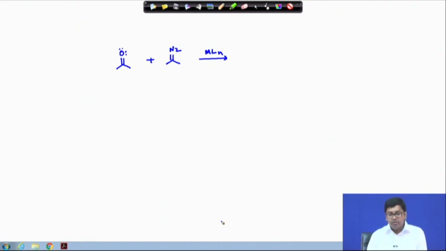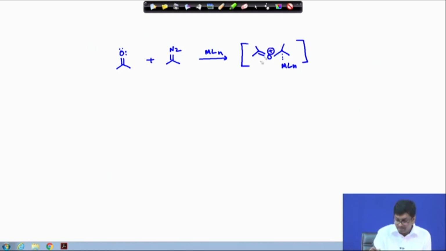And once it generates the carbenoid species, the oxygen from the carbonyl group, which is nucleophilic, can react with this electrophilic center of the carbenoid and give this type of system.